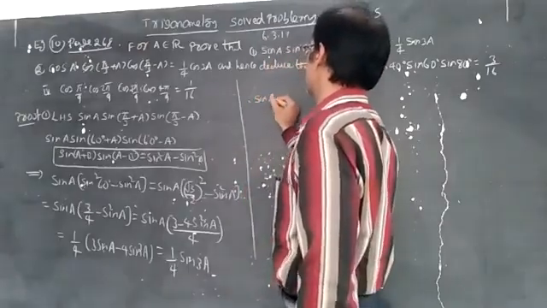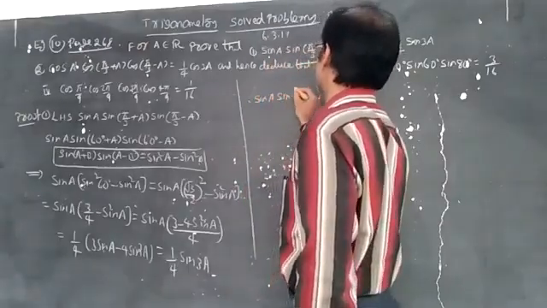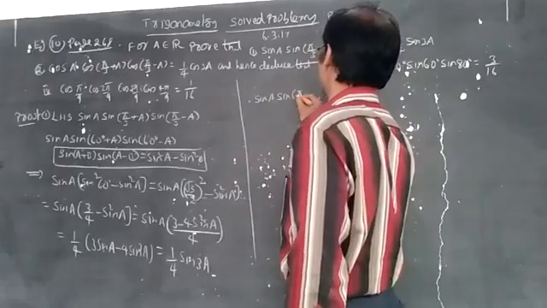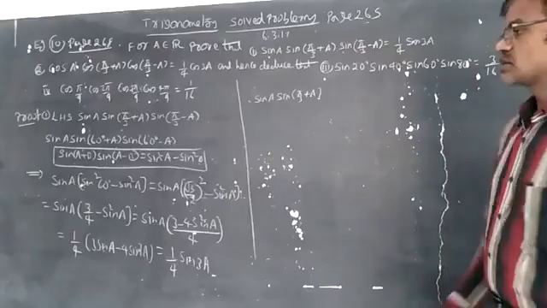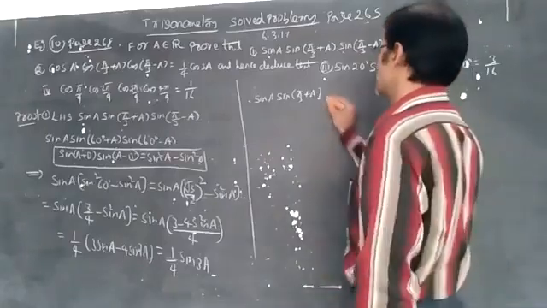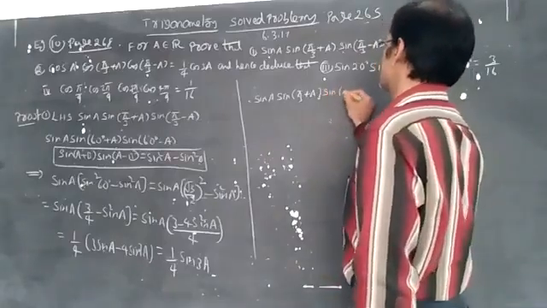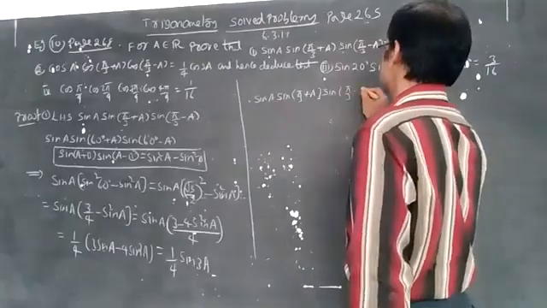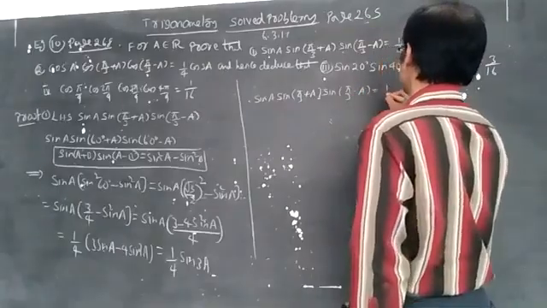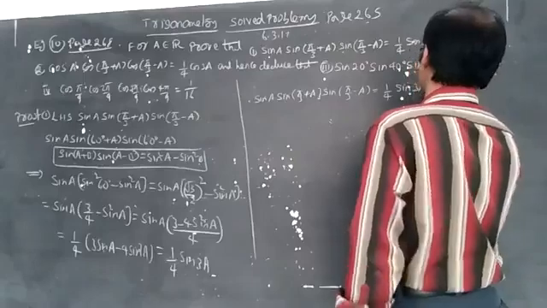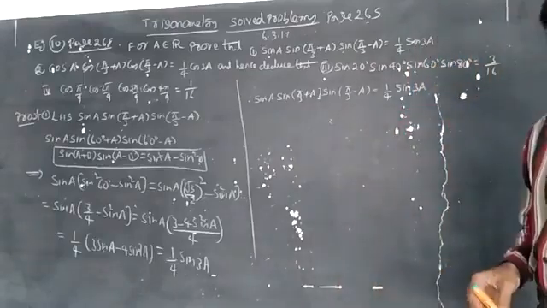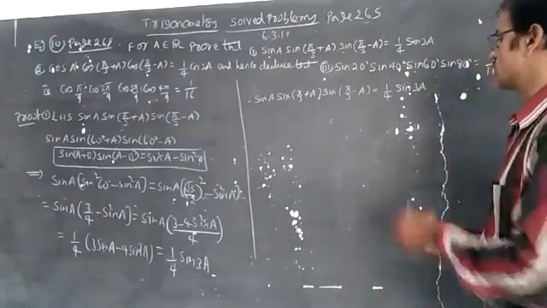Therefore, we can write sin A into sin of pi by 3 plus A into sin of pi by 3 minus A is equal to 1 by 4 sin 3A. We got it as 1 by 4 sin 3A.